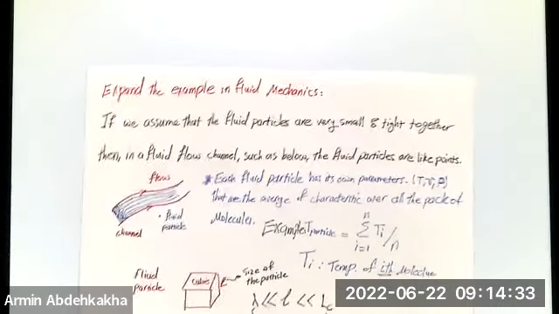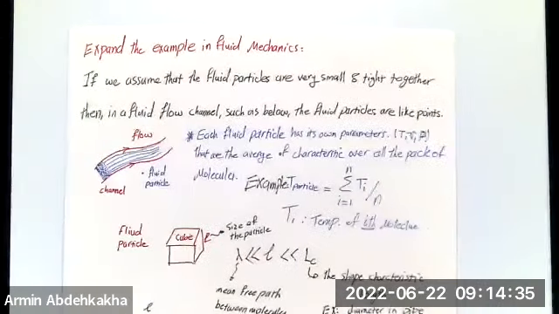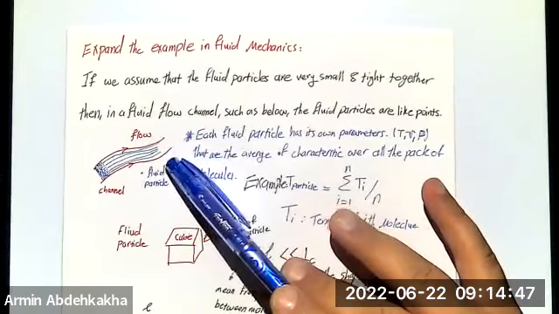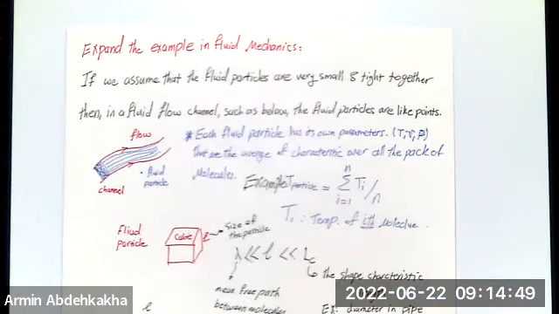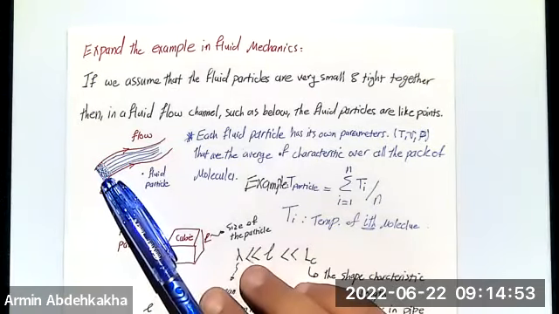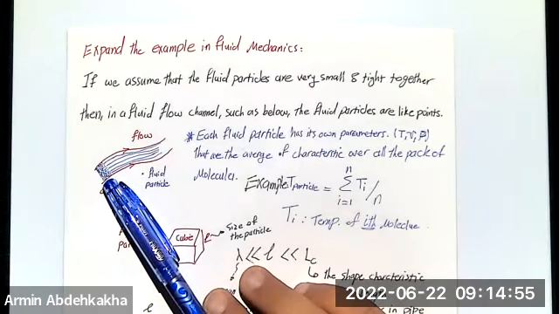So if I expand the example here, if we assume that the fluid particles are very small and tied together, then in a fluid flow channel, for example, a pipe, the fluid particles are like points. So these packs are points. These are not boxes.